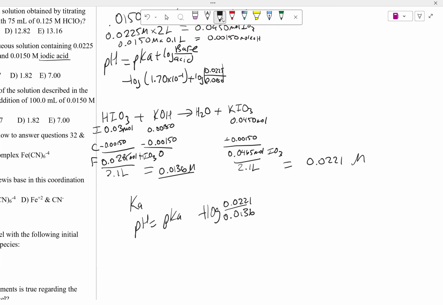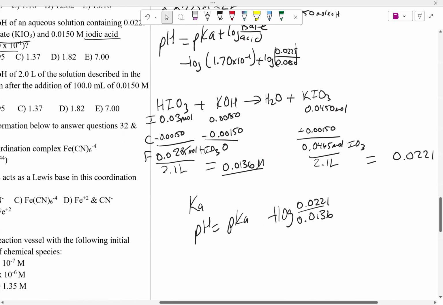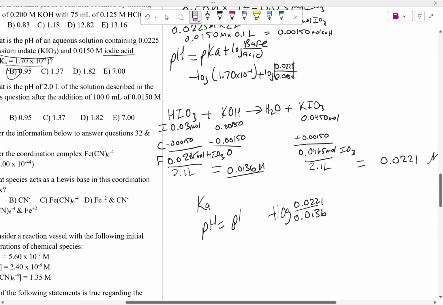So negative log of the Ka value, 1.70 times 10 to the negative 1, from the question over here on the top left, plus log of base. I'm plugging in the exact numbers on my calculator.